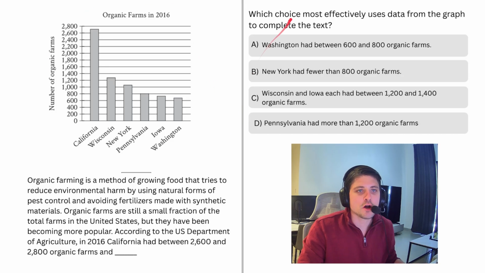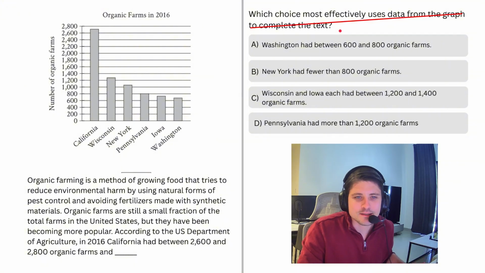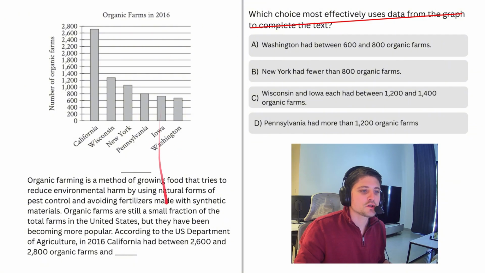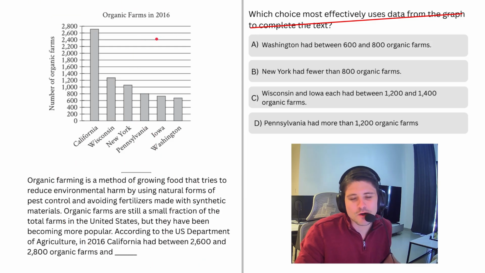So here we have a chart, and it says which choice most effectively uses the data from the graph to complete the text. It's always going to say something like that. Don't even read it on the charts question. Just go right down here onto the text, or you can look at the chart and review it if you want. Organic farms, looks like states here.